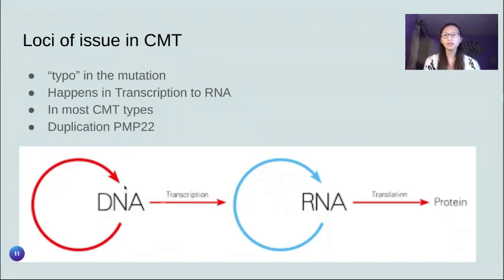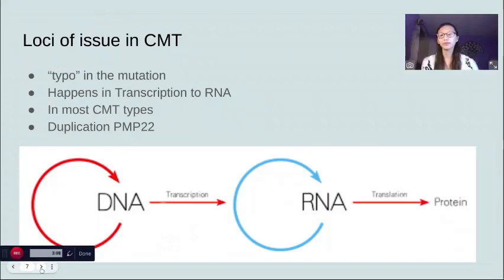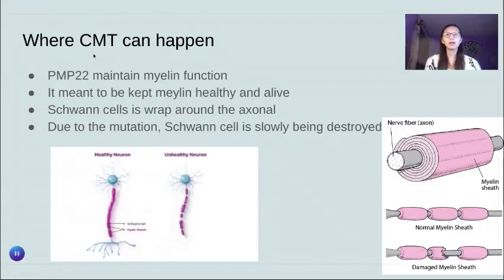When it duplicates, it tends to have a typo during the transcription to the RNA phase, and it has CMT issues to it. Where CMT happens, PMP22 maintains myelin function. It is meant to keep the myelin healthy and alive.